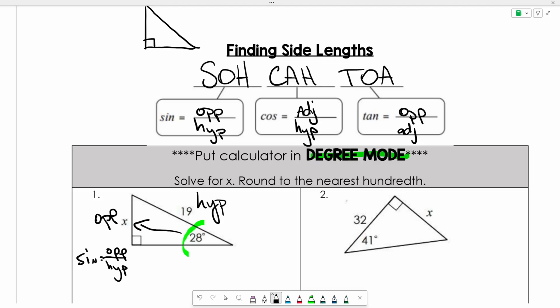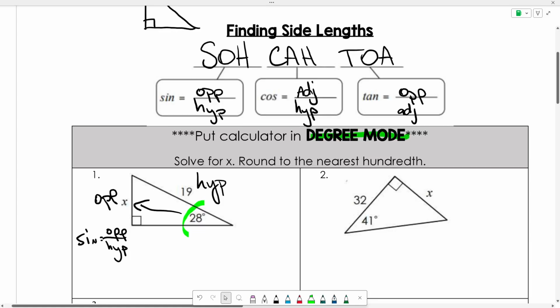So I have both of those pieces. So I'm going to set this up into an equation. I'm going to say the sine of 28 degrees is equal to the opposite side, that is my variable, my x, over the hypotenuse, which is 19.